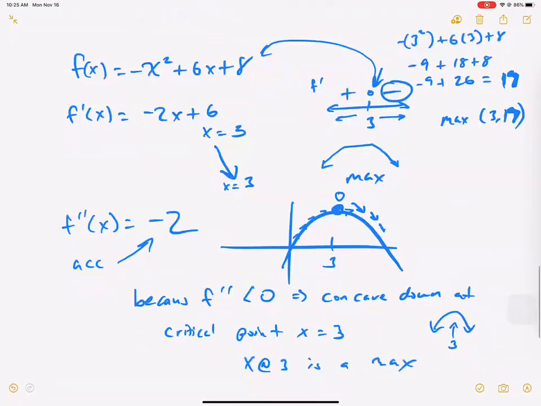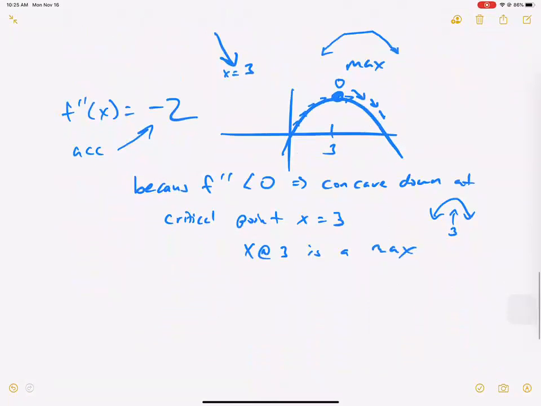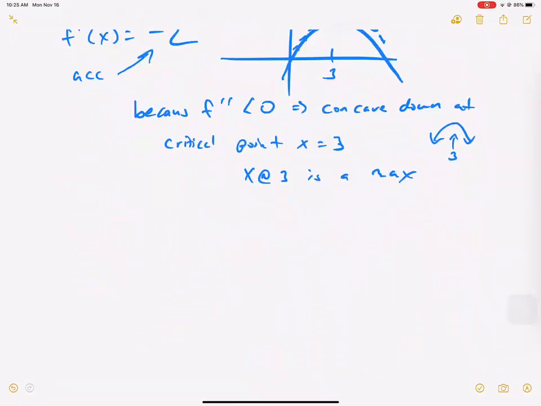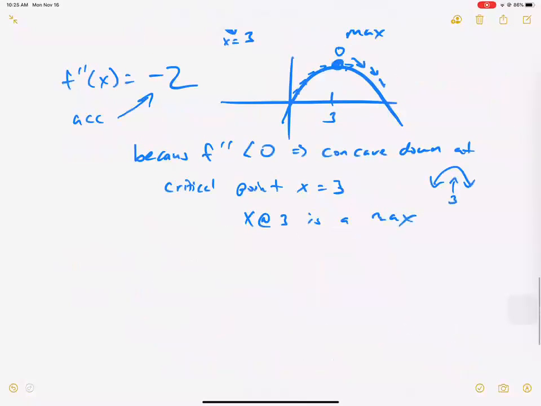Okay, so let's do another problem here. If I give you a problem, let's do f of x is equal to x cubed plus 4x squared plus 3x. Okay, I'm just making this up.